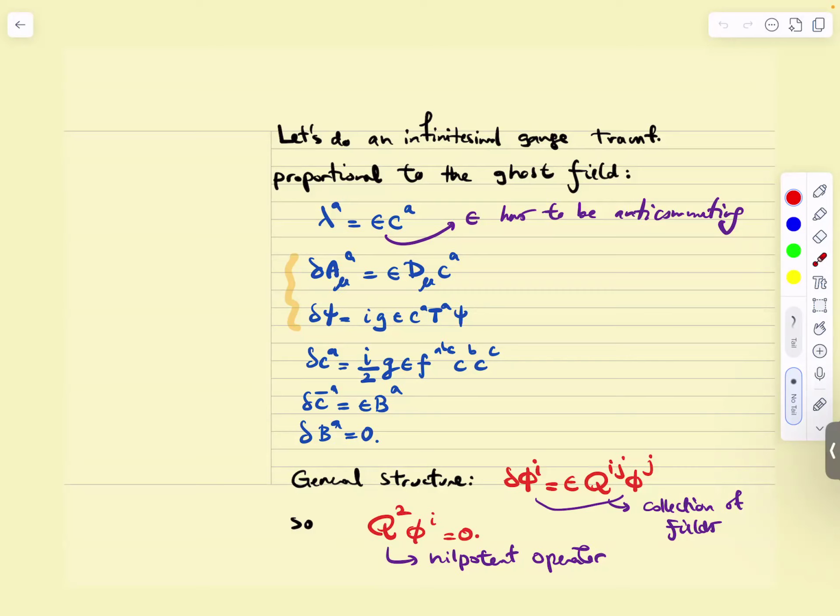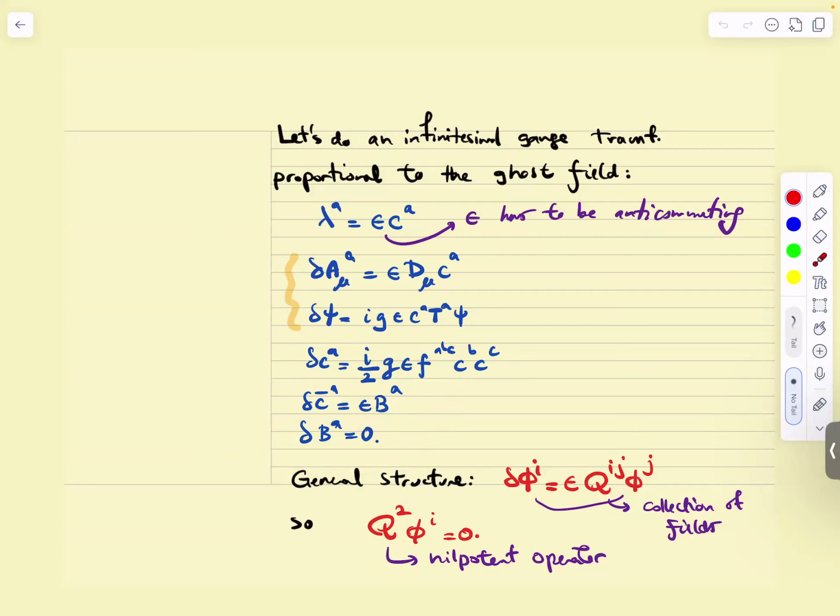Similarly, the matter field, the fermion, will transform this way. That's just a consequence of the gauge transformation, and I picked this variable. Now, for the rest of it, the ghost itself transforms this way. The anti-ghost transformation is proportional to B^a, and B^a doesn't transform.